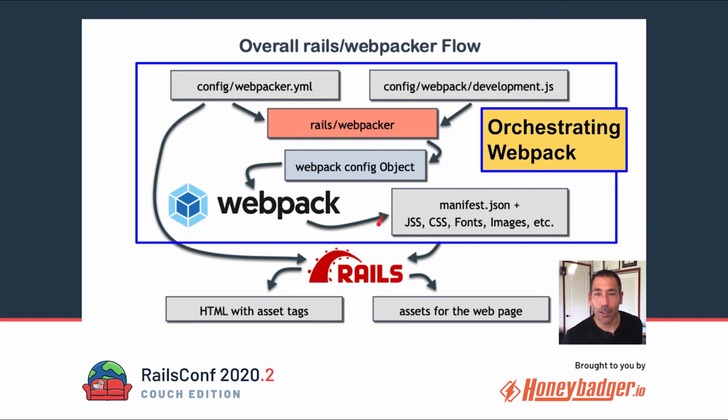And then that goes into your Rails server, and Rails will know from that manifest exactly what sort of asset tags to put on the pages it sends back to the browser. And because Rails Webpacker configured Webpack so that it deployed the actual static assets directly to the public directory, that's how we got the assets for the web page ready to go.